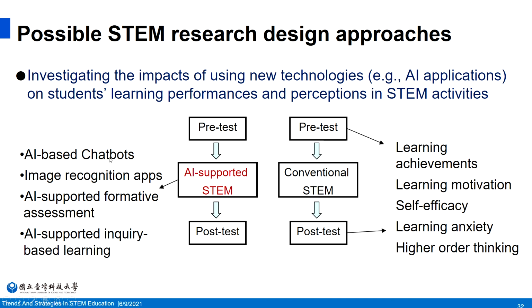So the AI could be an AI-based chatbot, or some image recognition application, or some AI-supported formative assessment, or AI-supported inquiry-based learning. The control group uses conventional STEM. There should be a pre-test or pre-questionnaire and post-questionnaire. So in addition to learning achievement, researchers can also measure learning motivation, self-efficacy, learning anxiety, or higher-order thinking performance of the students.